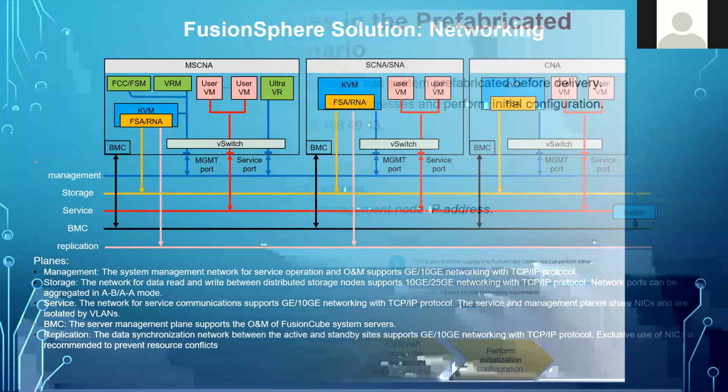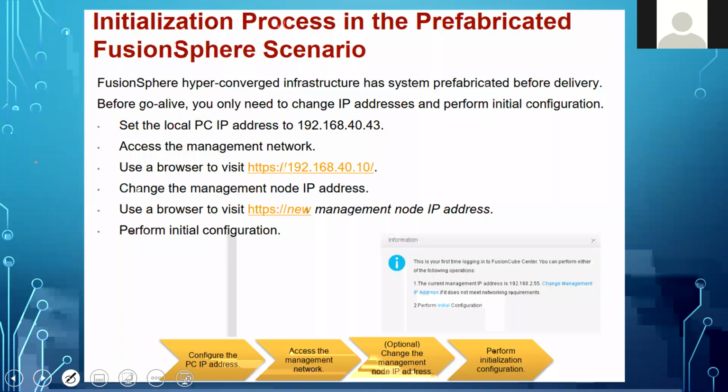We have two types of configuration in FusionCube. One is pre-install. If you have ordered the pre-install configuration, you will receive the complete hardware and everything will be pre-installed. You just need to go to the browser using this IP, and you will access the management node.